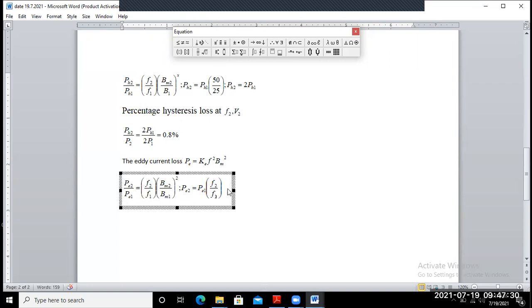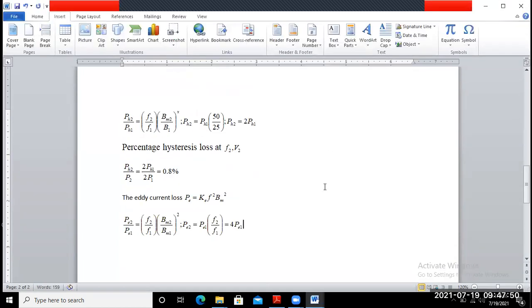So 4 times of Pe1. Similarly, you can find out the percentage, that means Pe2 divided by P2 equal to 4 times divided by 2, so in percentage this becomes 2 times of the previous one.